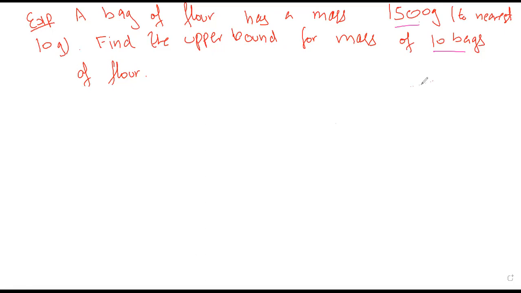Okay, so again, let's talk about the upper bound of this first. The error would be plus minus nearest 10 grams. So 10 divided by 2, that is going to give us plus minus 5. What is the upper bound of 1500 grams?